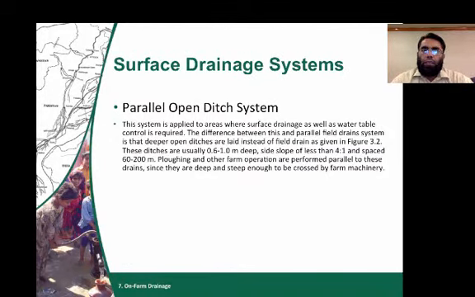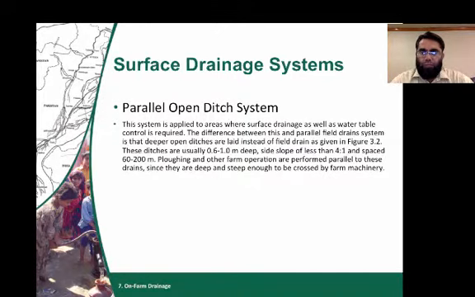Then there is another method known as the parallel open ditch system. The difference between parallel field drain and parallel open ditch system is that parallel open ditches are of larger capacity, they are bigger in depth, and the side slope is also steeper.